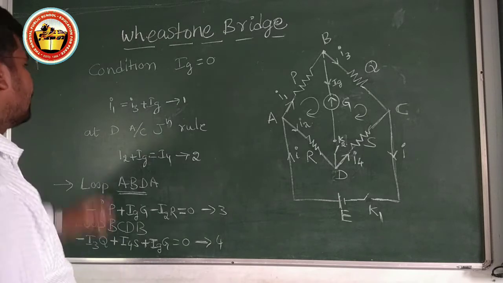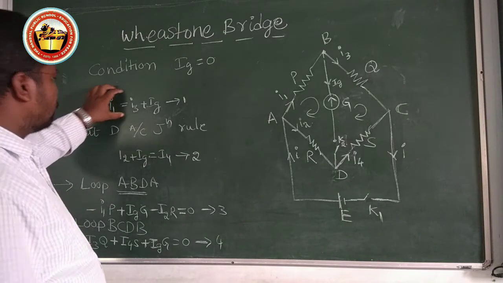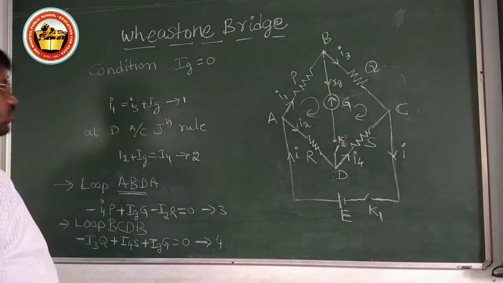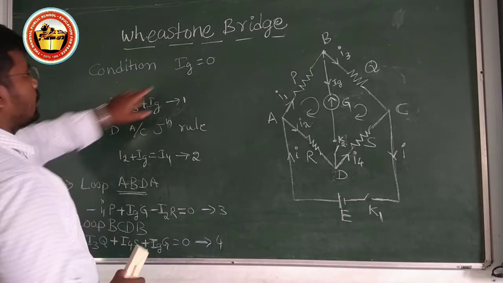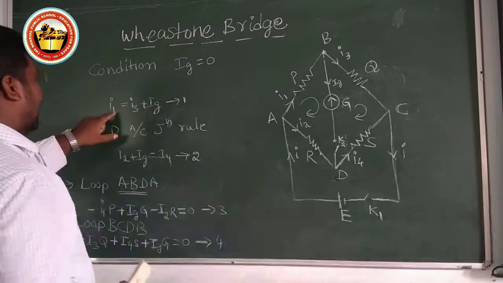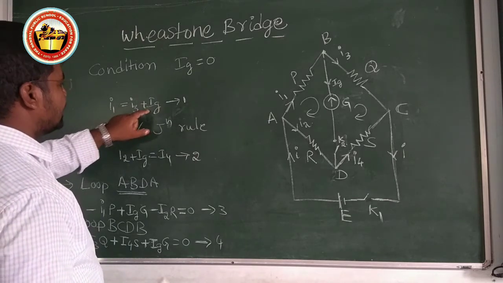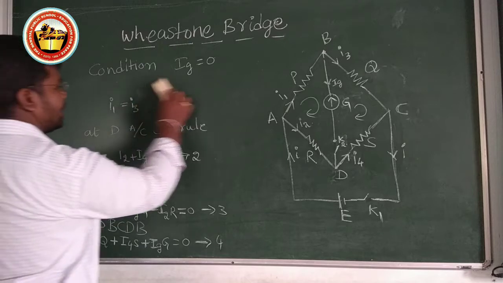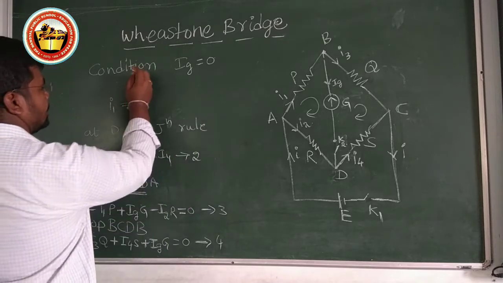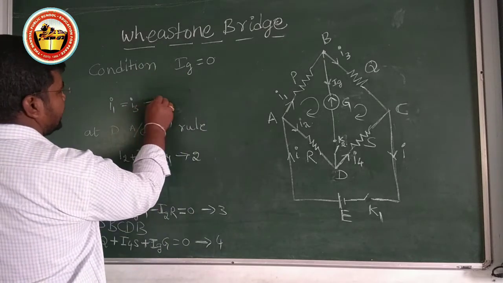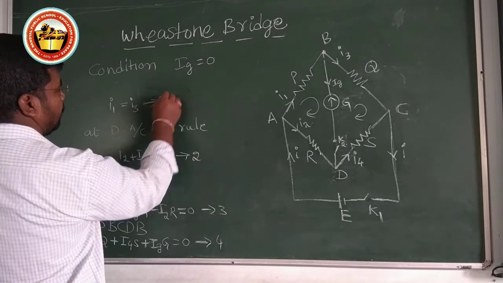So we can rewrite equation 1. Ig is equal to 0, so I1 plus I3 plus Ig becomes, I1 is equal to I3. That is equation 5.